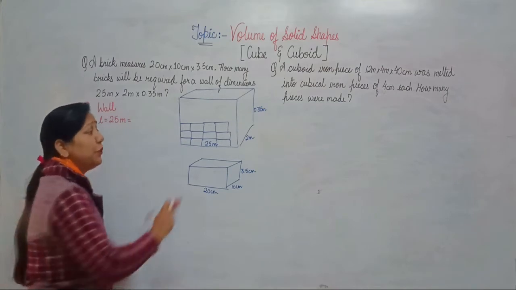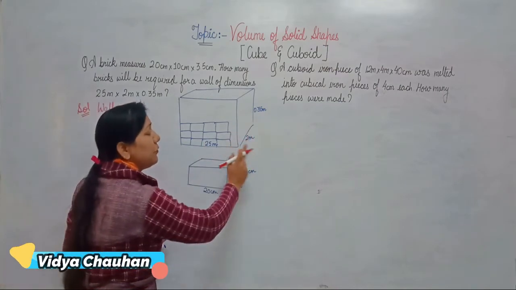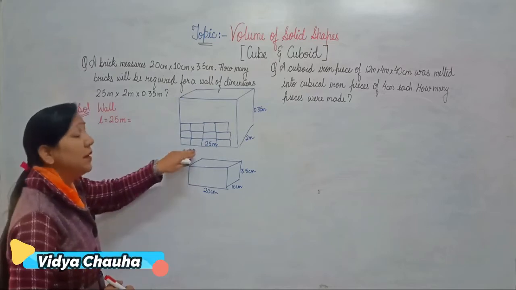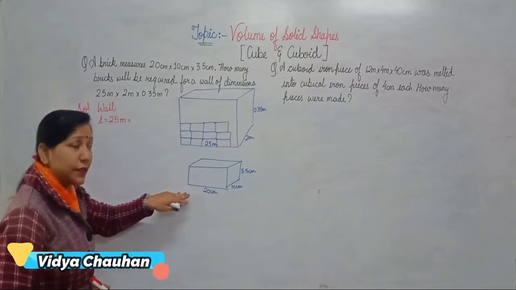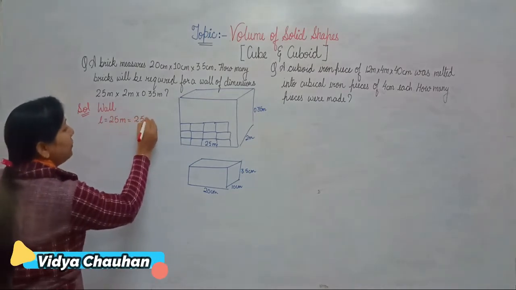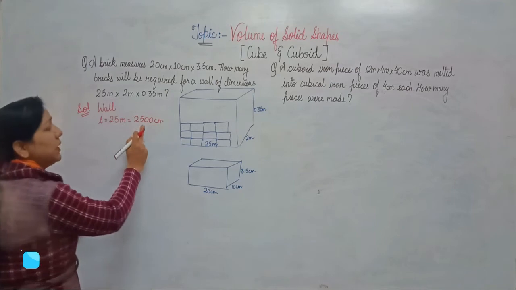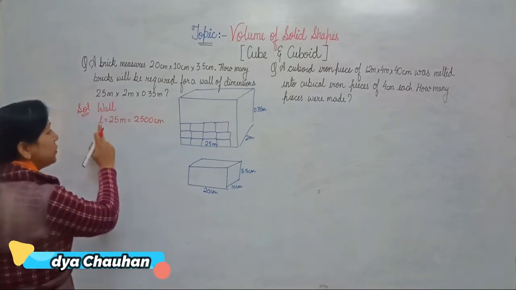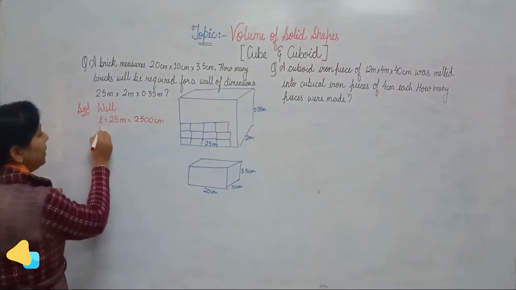So first we will convert the dimensions of the wall from meter to centimeter so that we can do the solution further. So 25 meter is equal to 2500 centimeter. That means multiplied by 100, because 100 centimeter makes 1 meter. So length is equal to 2500 centimeter.